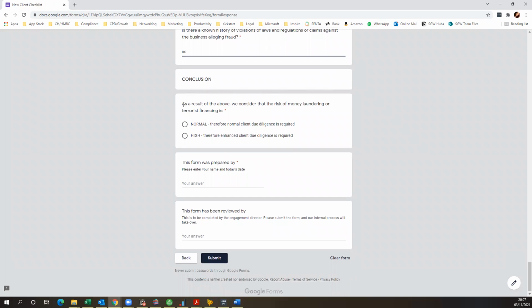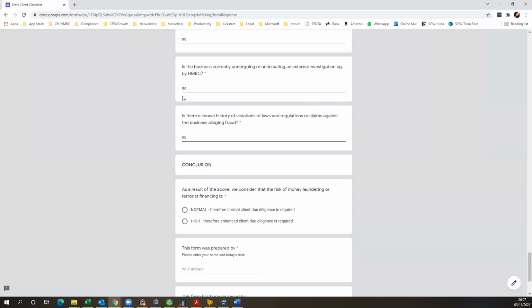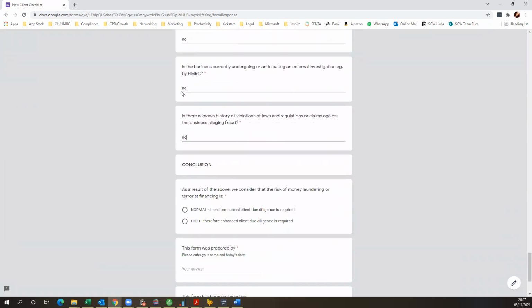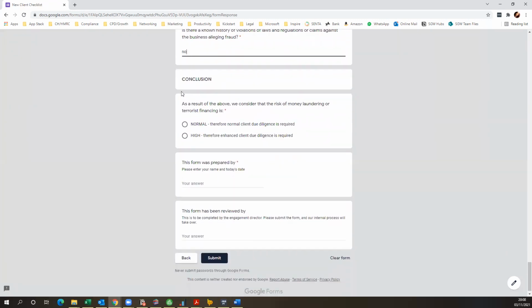So the final conclusion is, as a result of the above, we consider that the risk of money laundering or terrorist financing is, and you can choose either normal or high. If you choose normal, in other words, most of these answers are going to be no, or where there is a yes, we've got a reason why it's not pushing it up into high risk, then you would select normal, and we can do the normal client due diligence form.